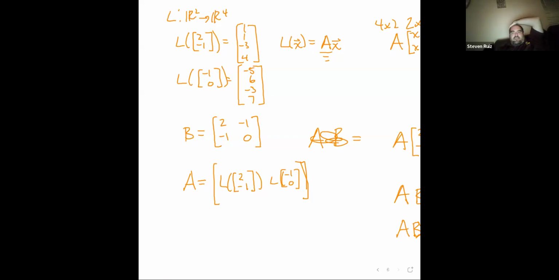Chapter 7, there were 2 sections. The first one is all about: what is a linear transformation? If you have one, can you represent it with a matrix? We had a few different looks at that. We didn't have time to talk about question 8 on the final, but question 8 is a good one to look at.